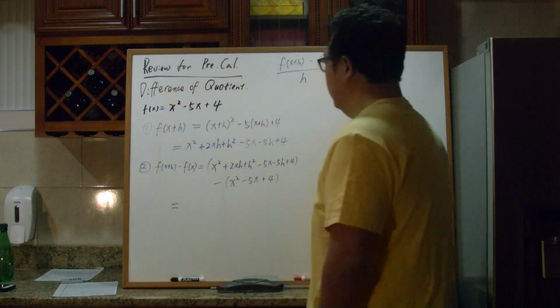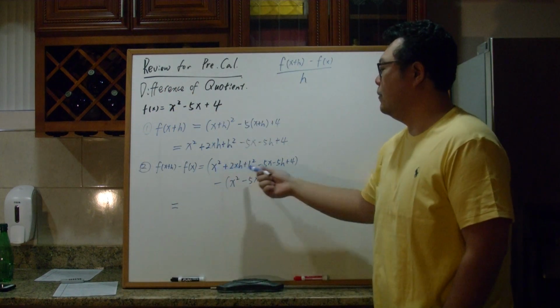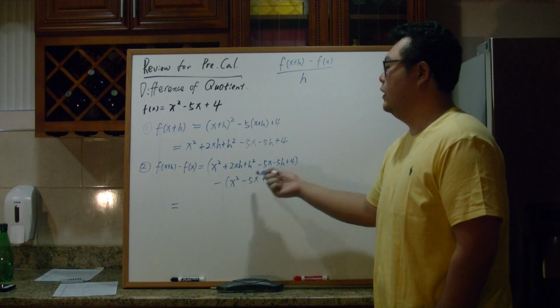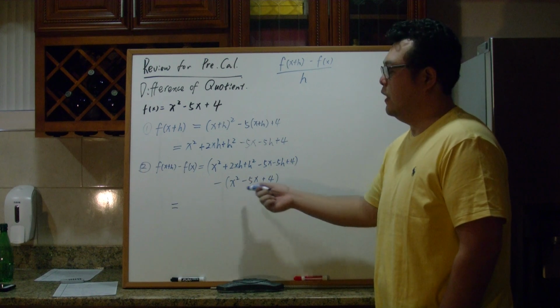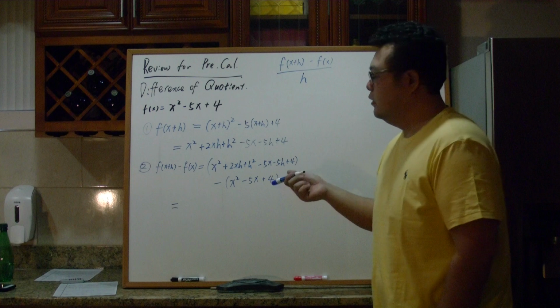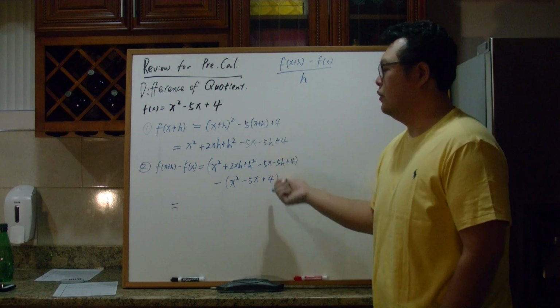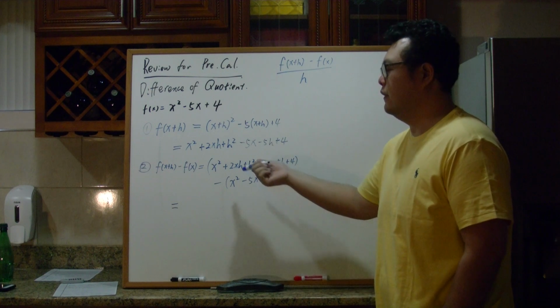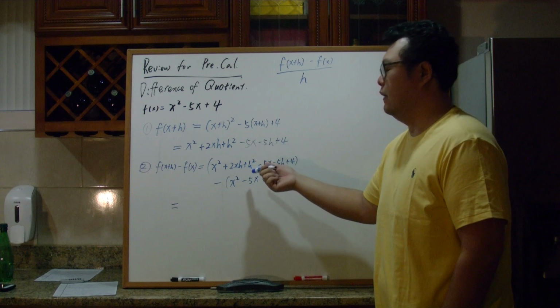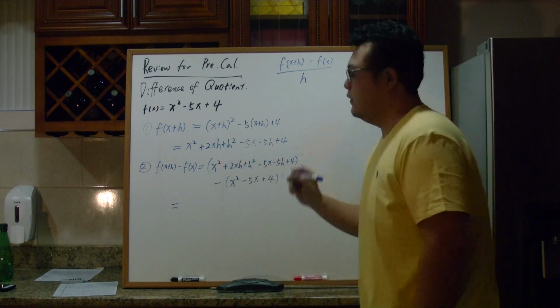And then we have seen that x squared minus 5x plus 4 is what we have and what we want to take off. But if you can see, you could just simply take it off. If it is a little harder, then we're expanding everything out.